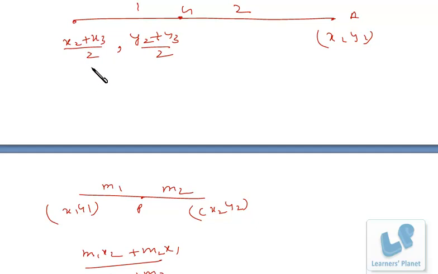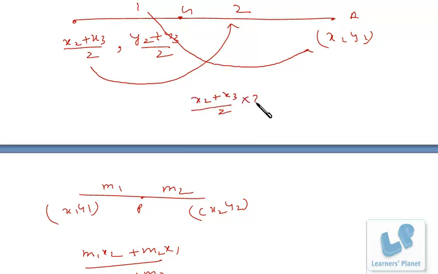So this into this into this, right? So x2 plus x3 by 2 into 2 plus x1 into 1 by m1 plus m2, that is 1 plus 2, that is 3. So this is what? x1 plus x2 plus x3 by 3.